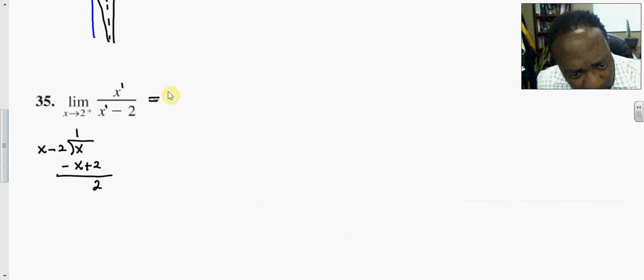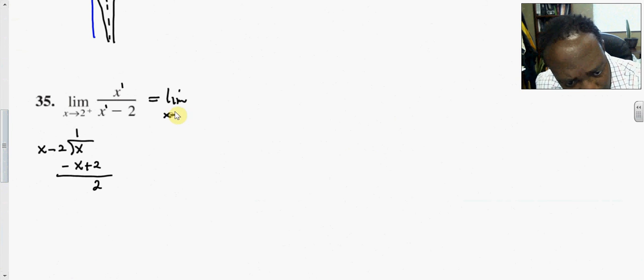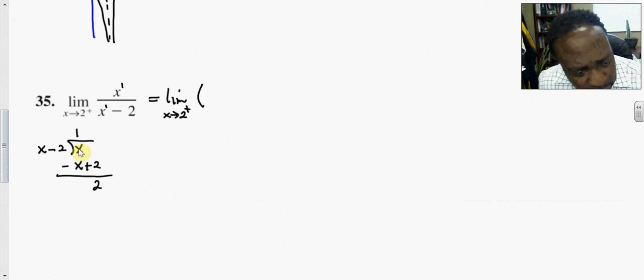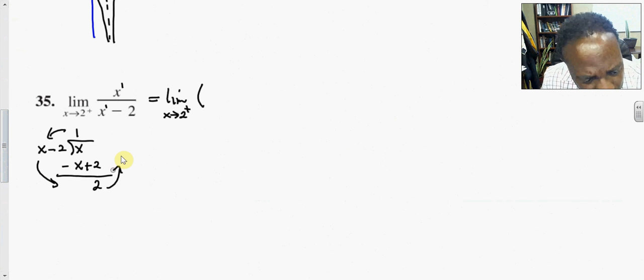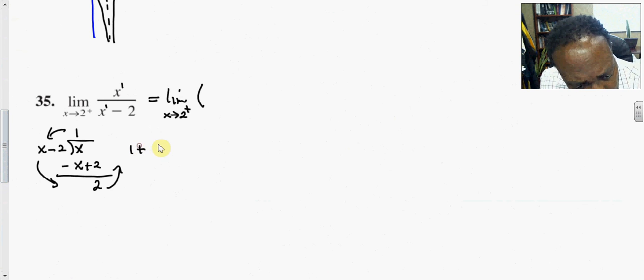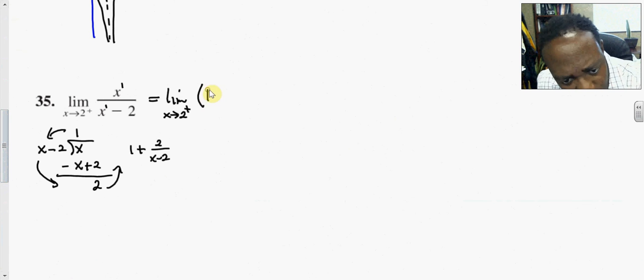So we say this is equal to the limit as x approaches 2 from the right of 1 plus 2 over x minus 2. Right? We just turn this down 1 time, so this goes this way, that goes that way, and we have 1 plus 2 over x minus 2. So we put it there.